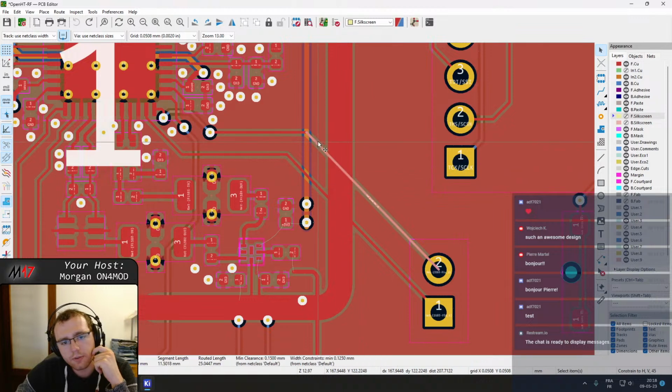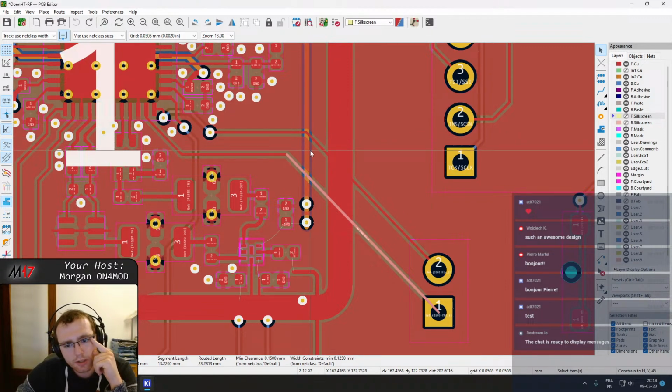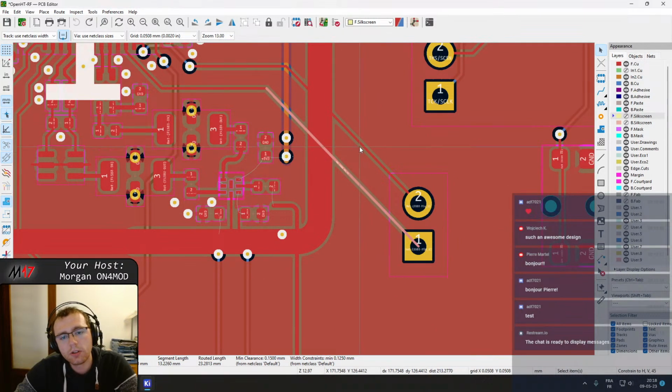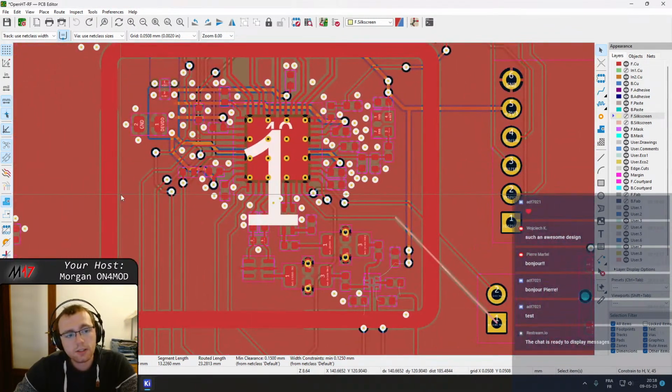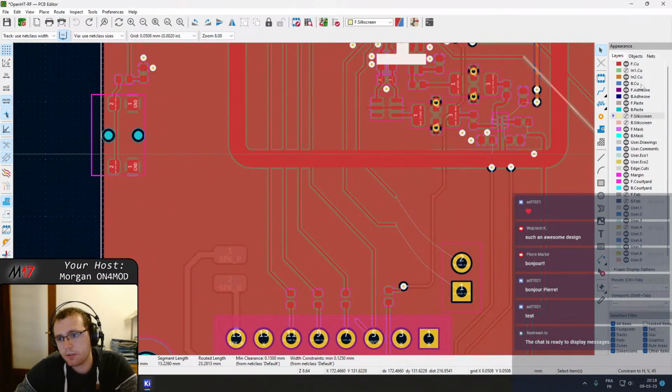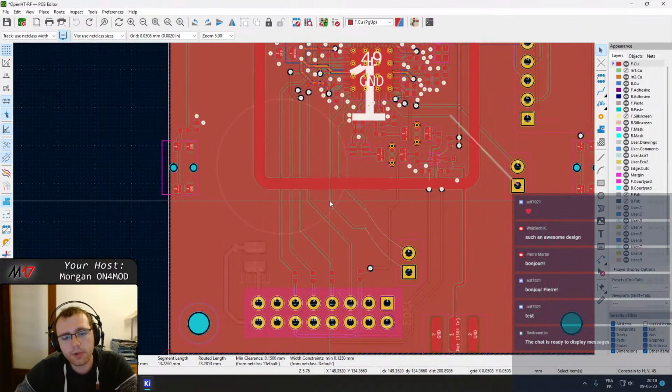For these tracks, I think we should be able to make them go to the bottom layer and route them to the connector. These I don't know yet how I'm going to do, because if you remember, this is where the speaker is going to be placed, on the bottom of the board, sorry.